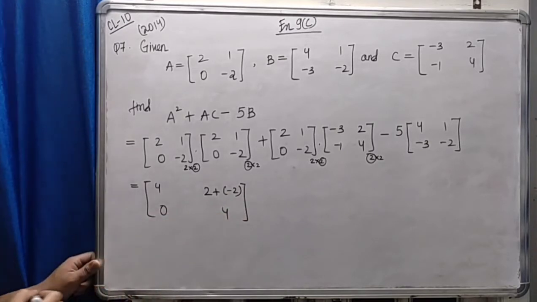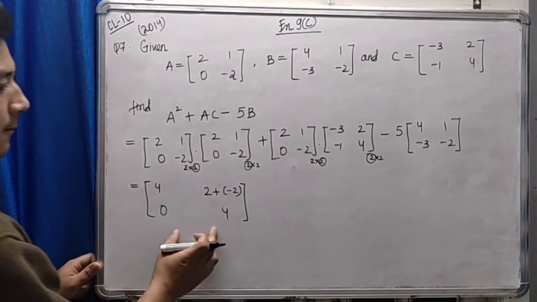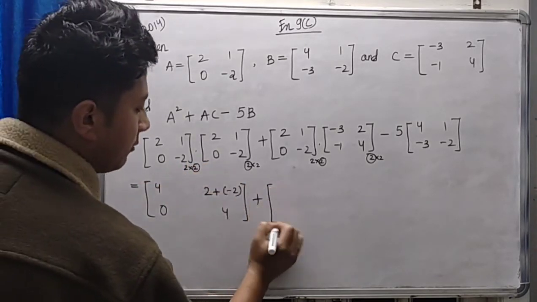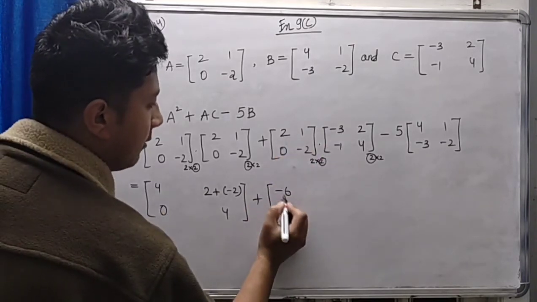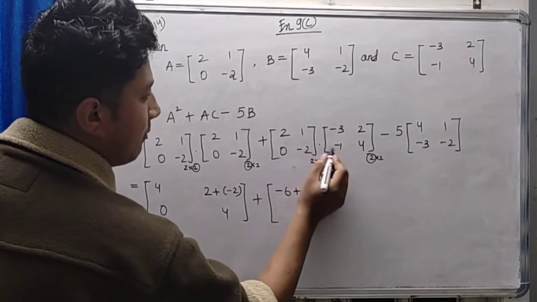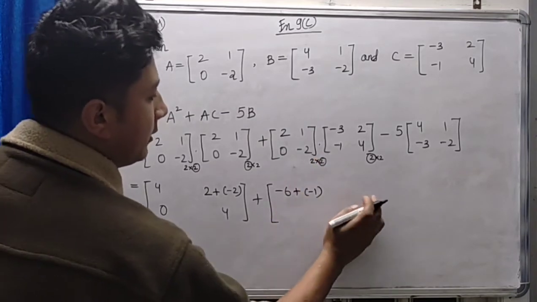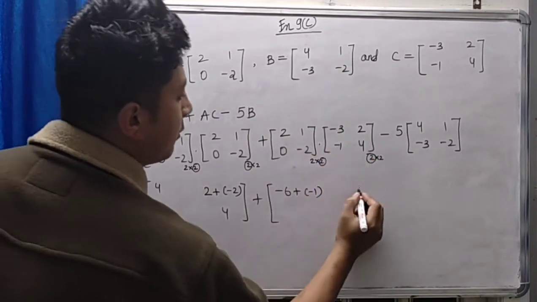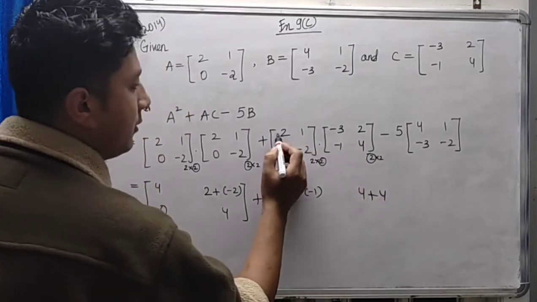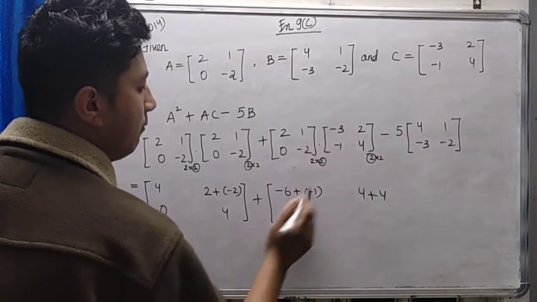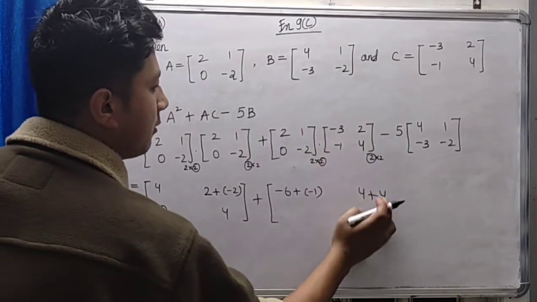So this is the product matrix, this into this. Similarly here also let us multiply. 2 into minus 3 is minus 6, and then plus 1 into minus 1 is minus 1. This element now: 2 2s are 4, plus 1 into 4 is 4. So this row with this column and this row with this column will be out here.